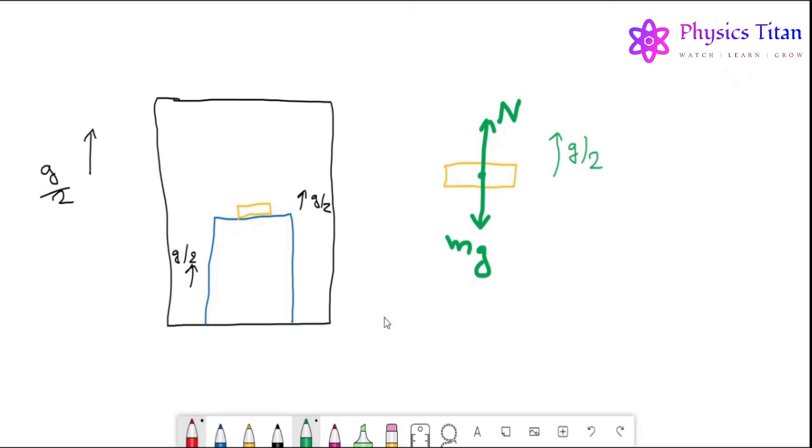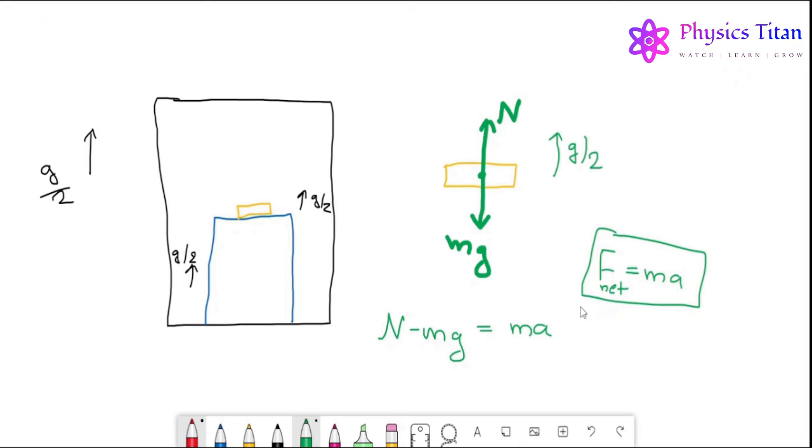So how do we write that? N minus mg will be equal to the mass times acceleration of the book. This is nothing but the second law of motion. What is the second law of motion? Force equal to mass times acceleration, F net. Okay, this is Newton's second law of motion. So this is our equation.